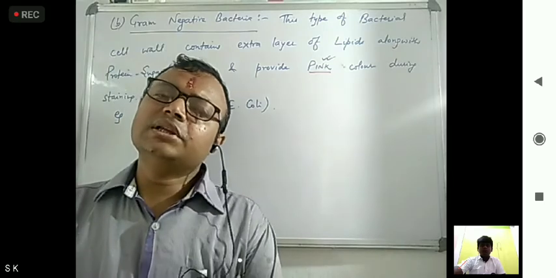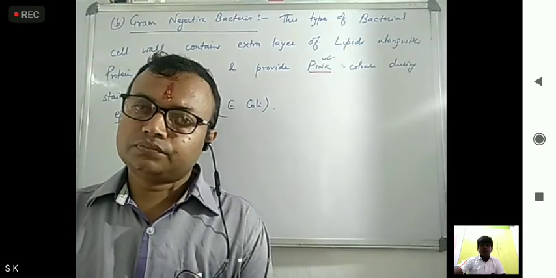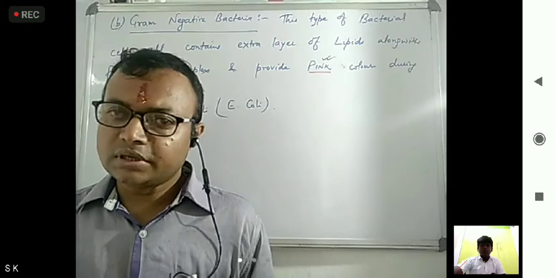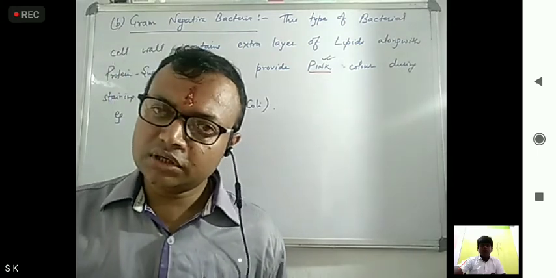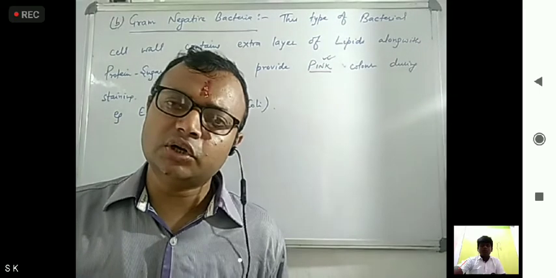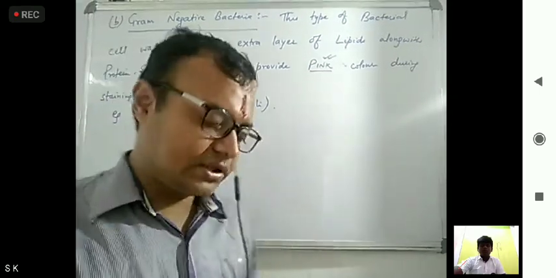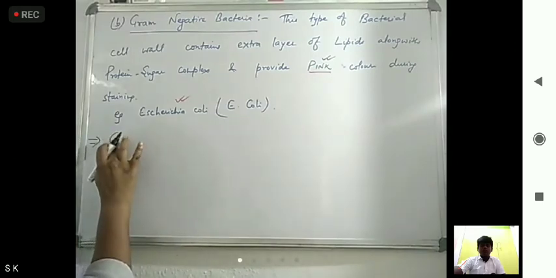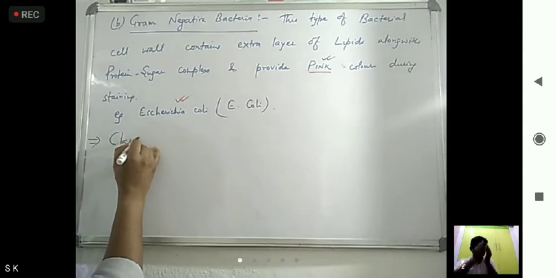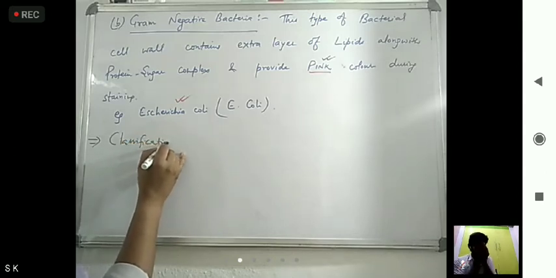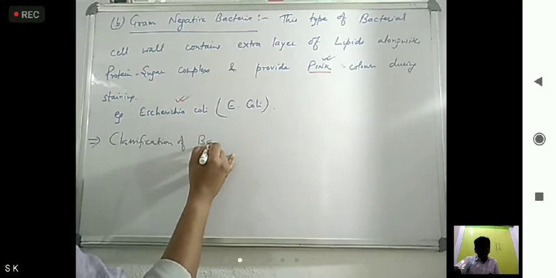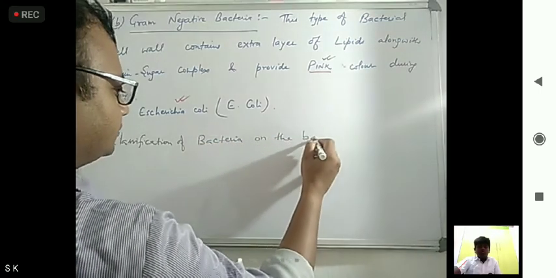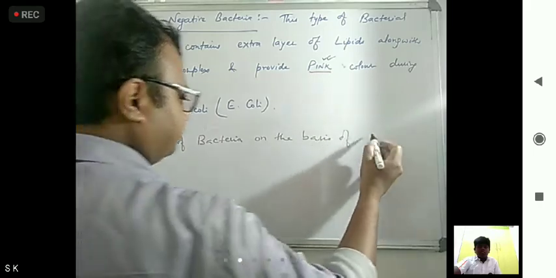Now these bacteria are also classified on the basis of shape. On the basis of what? Shape. What are the shapes they are containing, on the basis of which bacteria are classified? So, classification of bacteria on the basis of shapes.